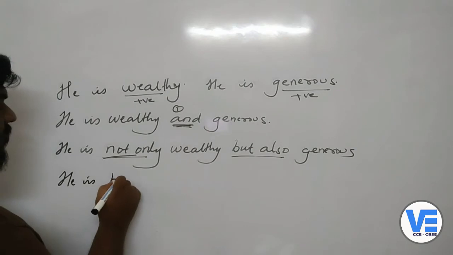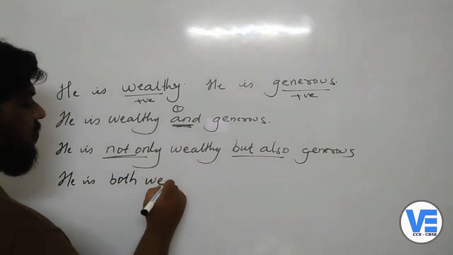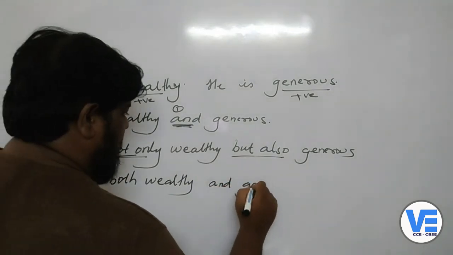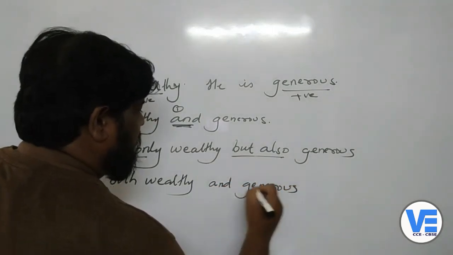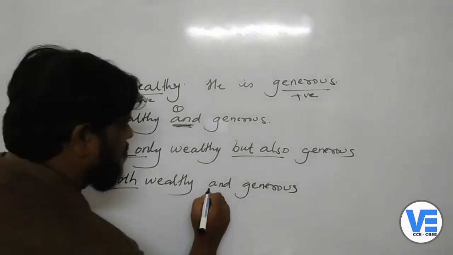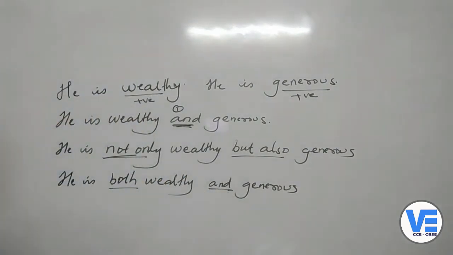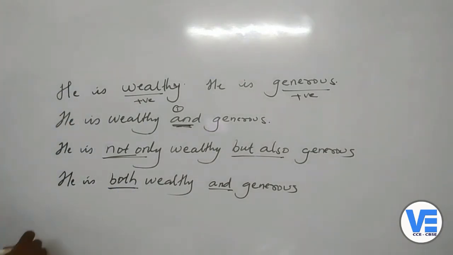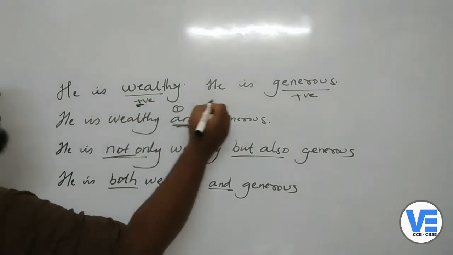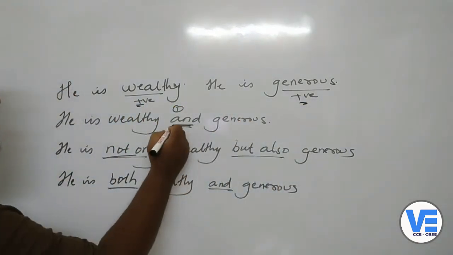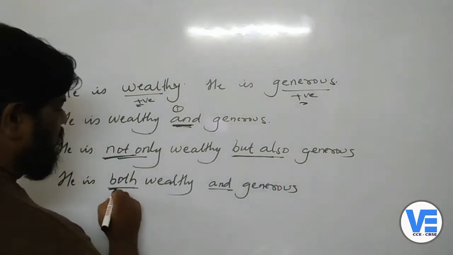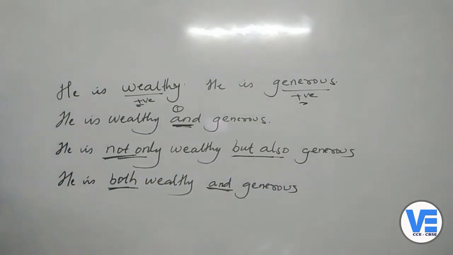One more conjunction you can use here, which is also a correlative conjunction: he is both wealthy and generous. So again I have used another conjunction, which is both and, which is also a correlative conjunction. So when you are taking two positives or two negatives, you can use and, not only but also, and also both and.